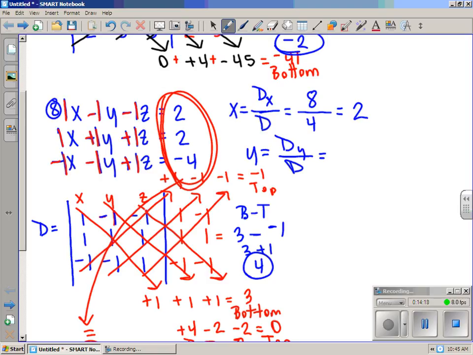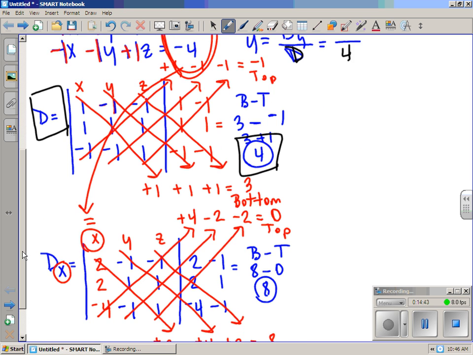The nice thing about finding y, if you've already found x, is you already know what your denominator is. We know that the determinant is 4, so the determinant here is also 4. So we've already found that D is 4, so we can go ahead and fill that in. The only new information we need to find is D sub y, the determinant of y.